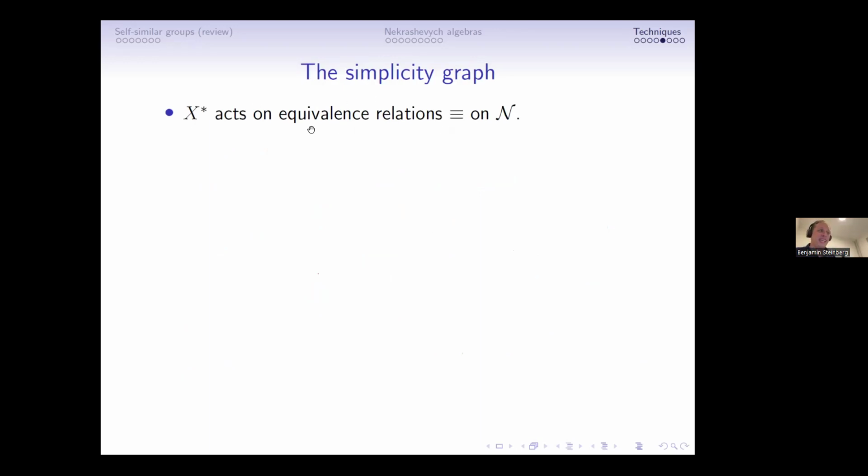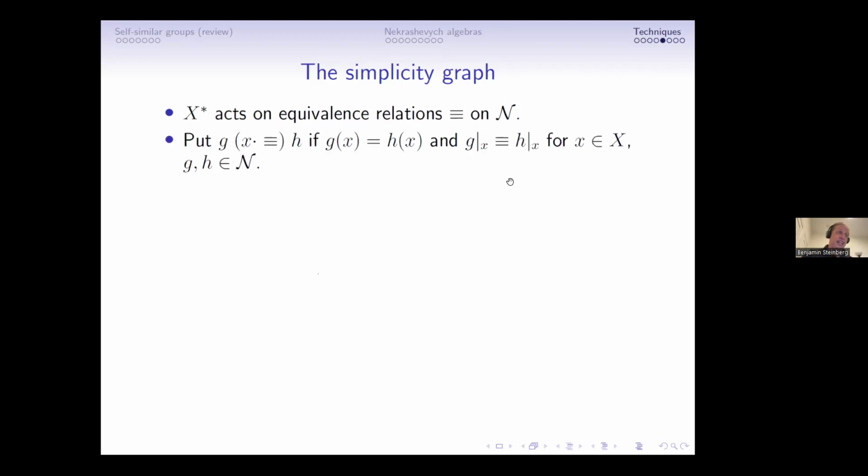What we do is we define an action of the free monoid on the set of equivalence relations on the nucleus. So the nucleus is this finite subset of your group, which is closed under sections, into which all things eventually get. And we define an action of the free monoid on equivalence relations.